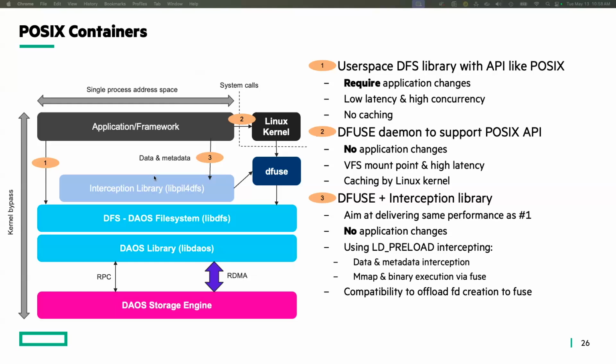I'm going to skip the DFS direct part because that probably takes time to explain all the libdfs API, and is more for advanced users. So we'll focus more on the paths that do not need any application code changes, but using the libdfs API, or somebody was asking before about the array API or KV API.